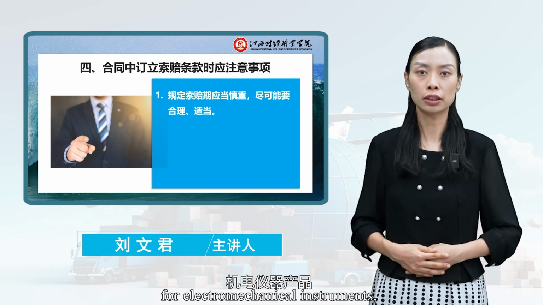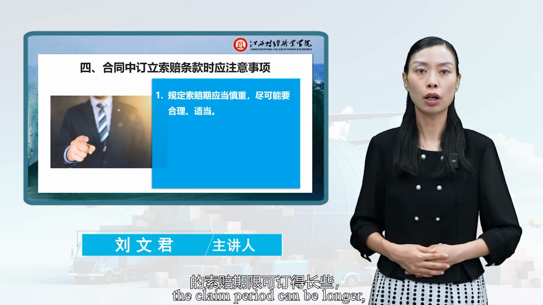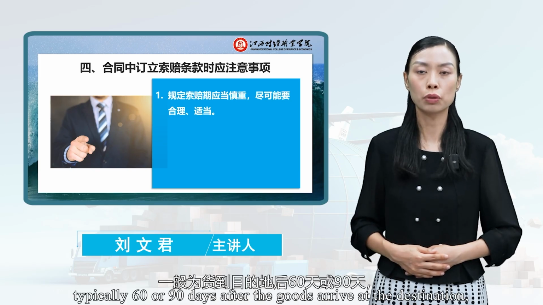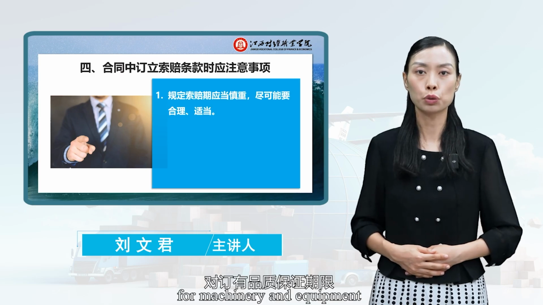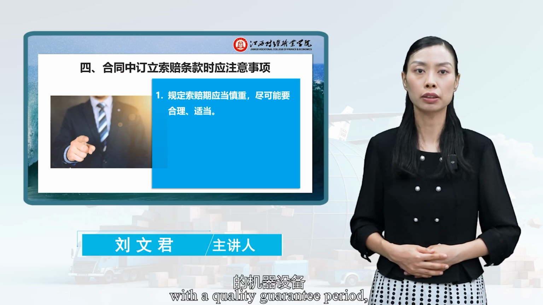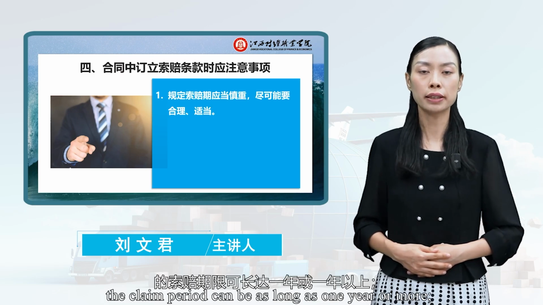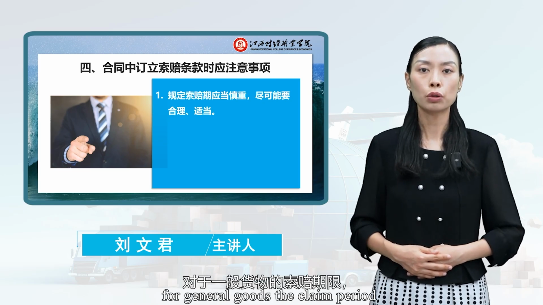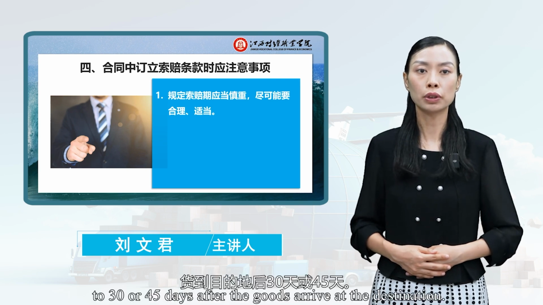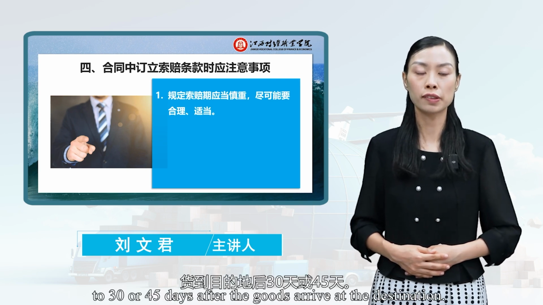For electromechanical instruments, the claim period can be longer, typically 60 or 90 days after the goods arrive at the destination, generally not exceeding 180 days for machinery and equipment with a quality guarantee period. The claim period can be as long as 1 year or more for general goods. The claim period is usually limited to 30 or 45 days after the goods arrive at the destination.